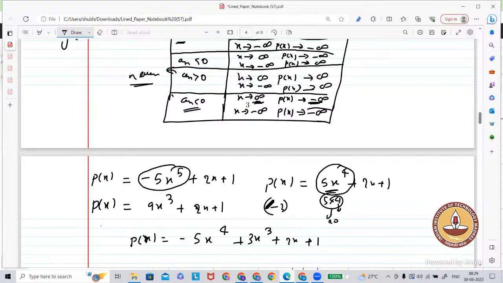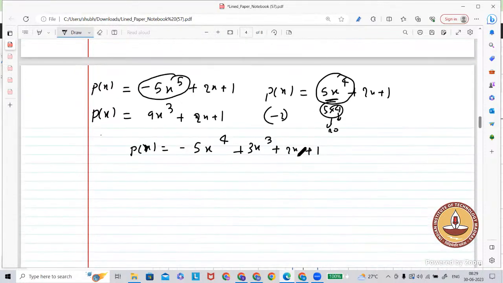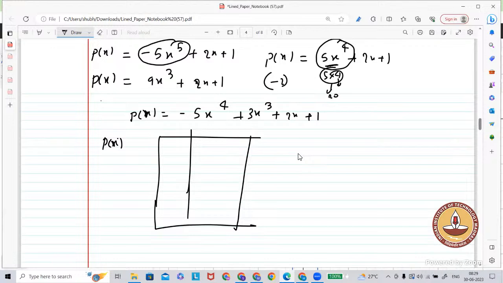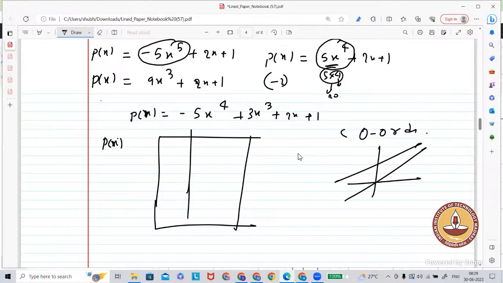See, there is no meaning of direction when you are deciding it. What do you mean by the graph? You have a polynomial. The graph means you are giving the input and you are getting the output.